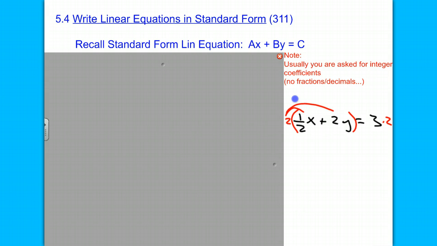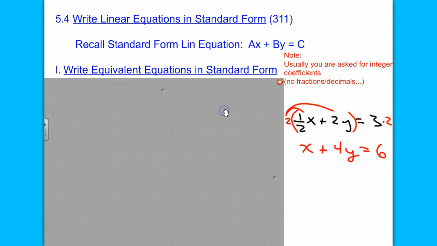We're going to have to distribute on this side, and we would have what here? 1x plus 4y equals 6. And there you go. You now have the same equation with integer coefficients, an equivalent equation. Okay? So if you need to, you'll have to blow things up.